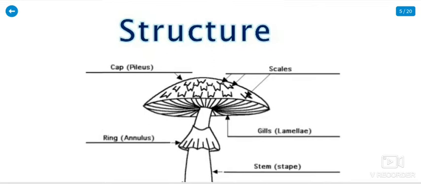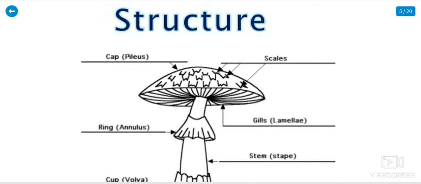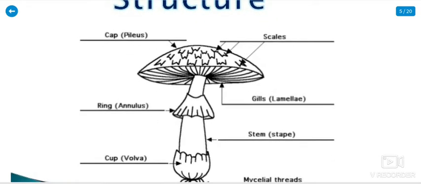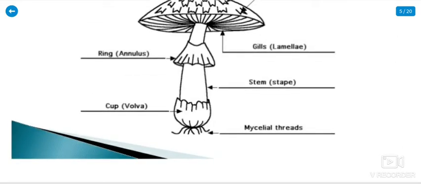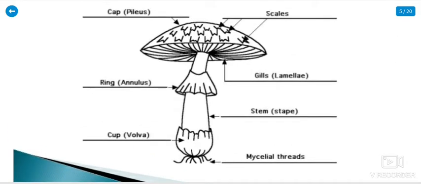So, the structure of the mushroom. Actually, the diagrammatic representation shows a root-like mycelial thread, attached to the volva, which is connected to the stem-like stalk called the stem.